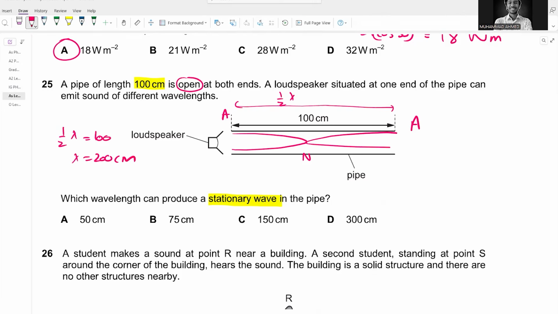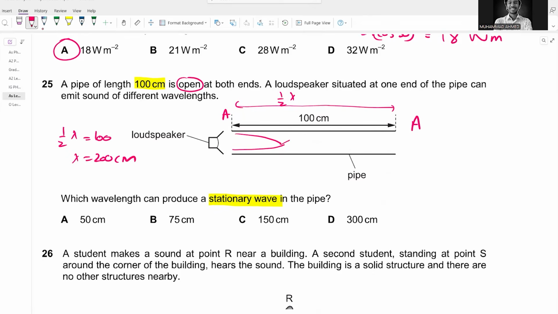Nope. So let's add another loop. Can you realize this is a node?